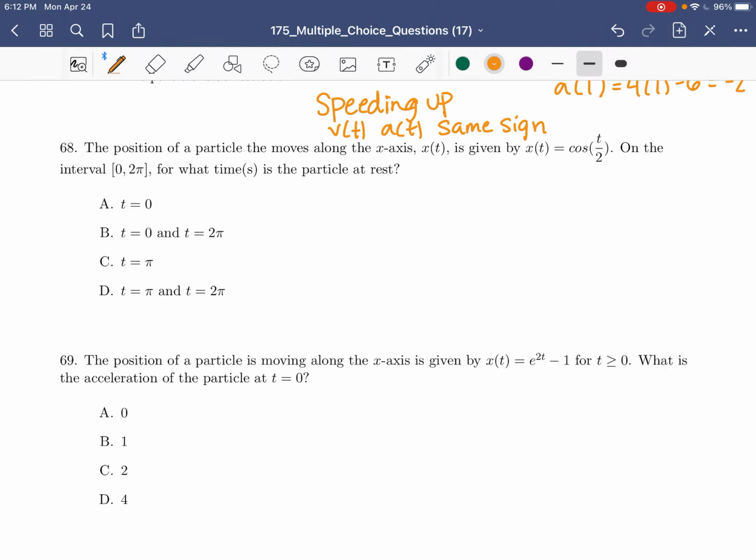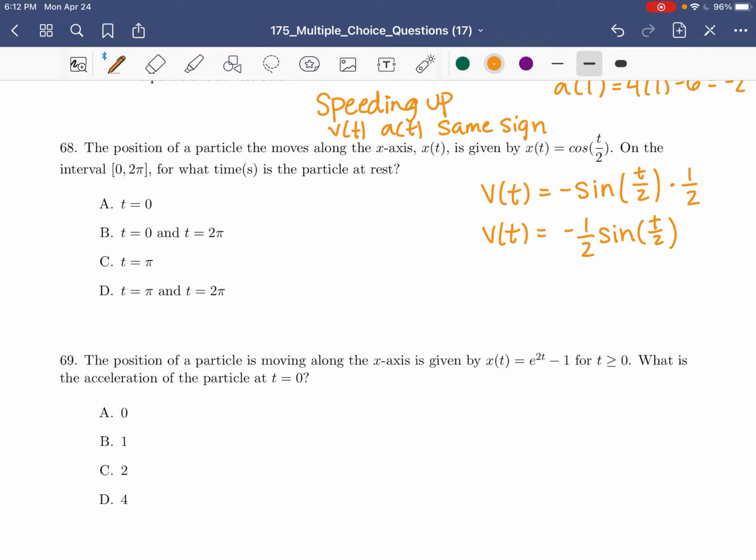Okay, this one wants to know when the particle is at rest, but it gives us position. So I need to find velocity by taking the derivative. Derivative of cosine is negative sine t over 2. But because of chain rule, I multiply this by 1/2. So v of t equals negative 1/2 sine of t over 2.